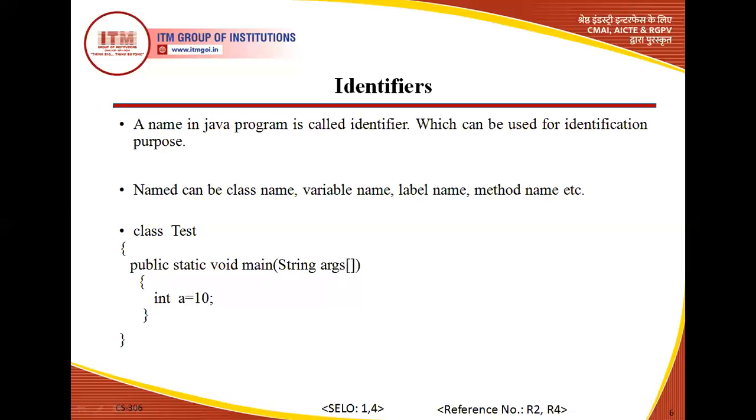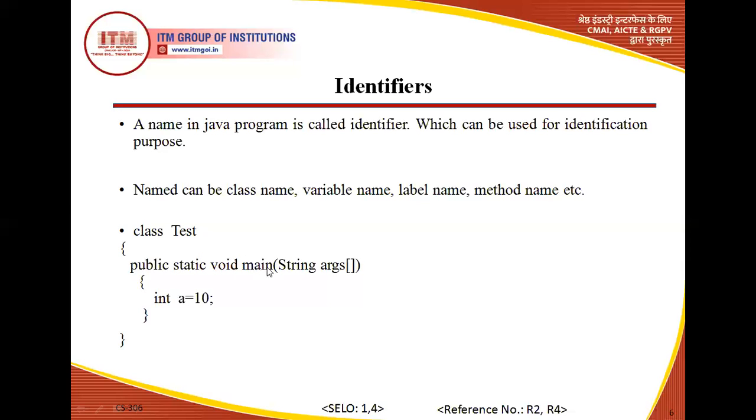Now if anyone is asking what the identifiers are over here, can anyone of you identify them? What is the definition of an identifier? It is something that is used to identify anything. So here Test is one of the identifiers because it's the class name.